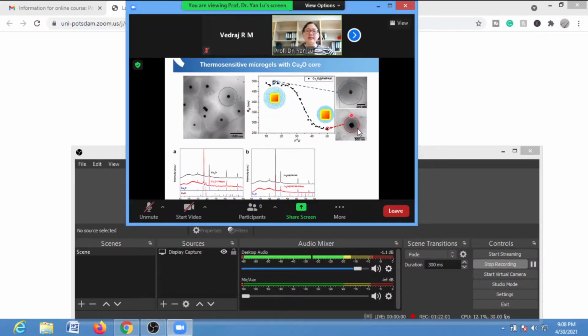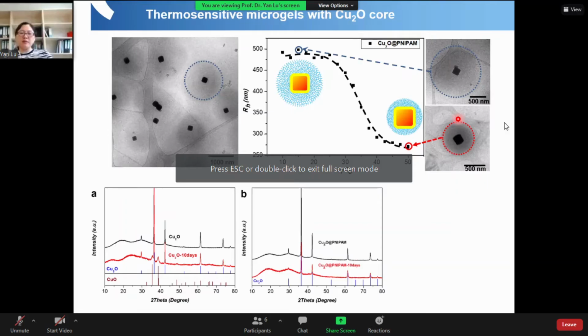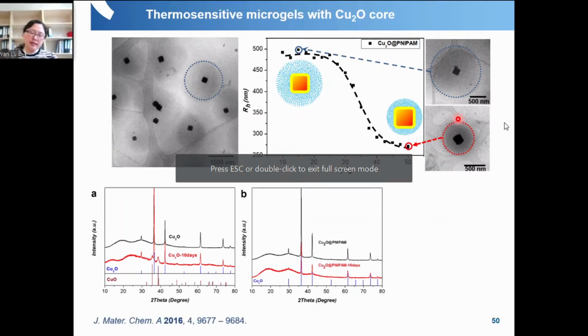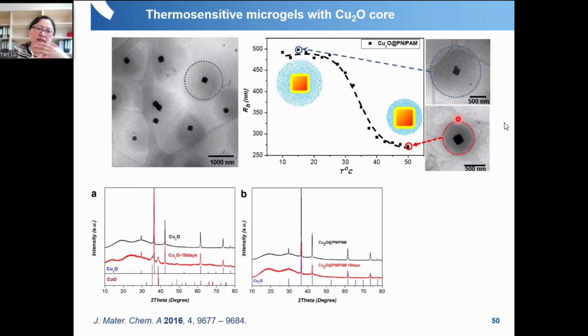Another advantage of the PNIPAM coating is, as I mentioned, that the cuprous oxide particles are very easily oxidized. On the left side, we measured XRD patterns. The black curve is the original cuprous oxide after synthesis. After storing for 10 days, you see an additional peak appeared on the XRD pattern.